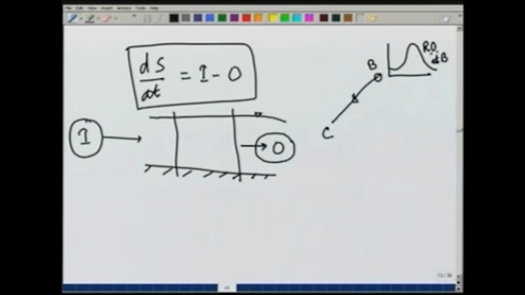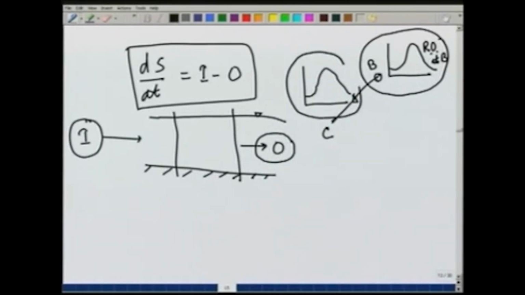So, basically, given an inflow hydrograph like this at point B, what would be the outflow hydrograph at point C, which may be something like this. This is what we need to find out.